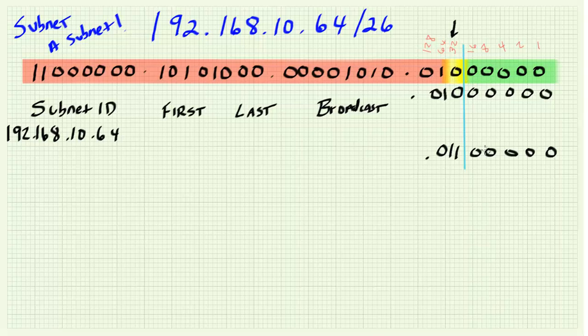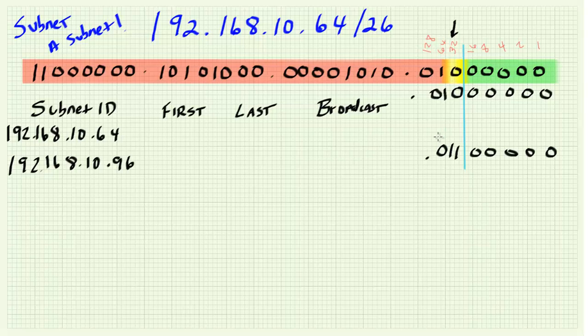And if we look, we can see that it has a bit weight of 32. So our subnets are going to increment by decimal 32. So we take .64, which was our first subnet, and we add 32 to that, and that gives us our next subnet ID, which is 192.168.10.96.